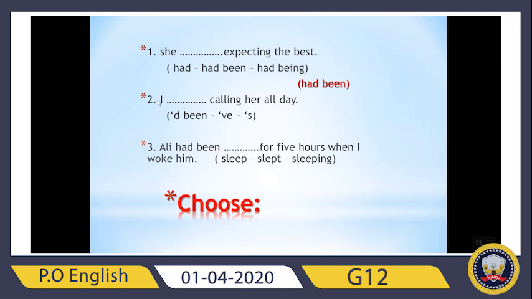"Is" is wrong. Why? Because I must take "am." If "has," this is wrong. Why? Because if I want to make perfect tense, then it will take "have." I have. Okay.